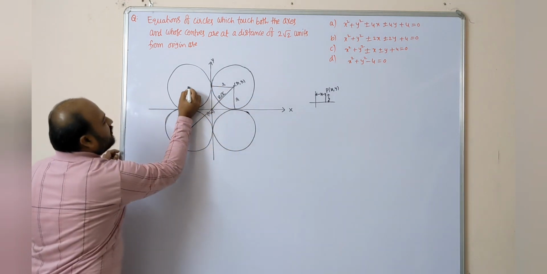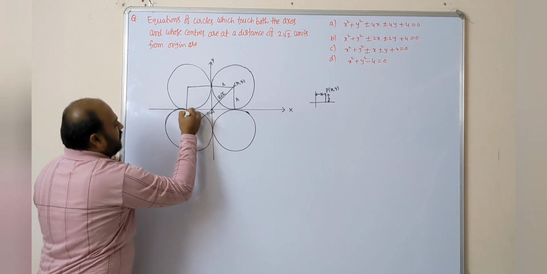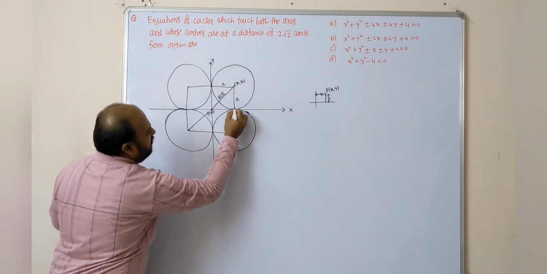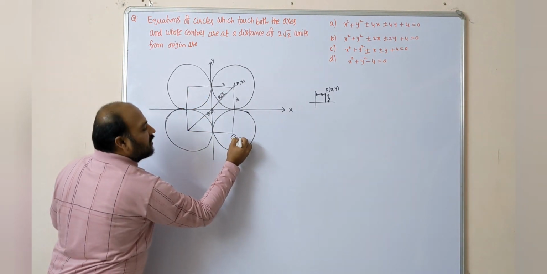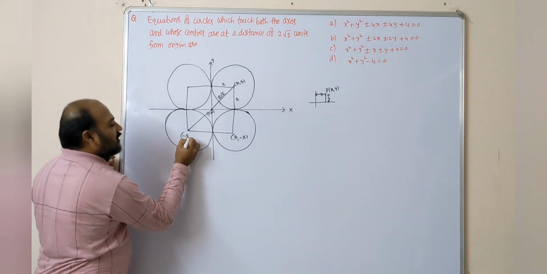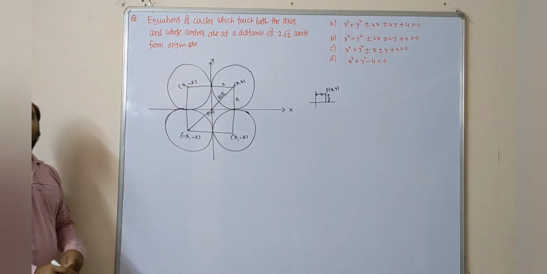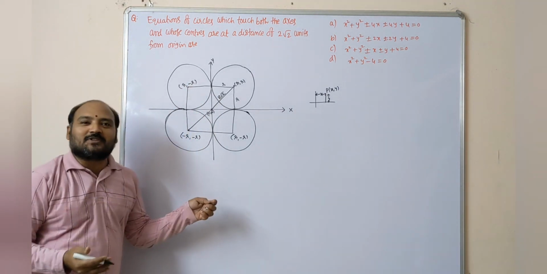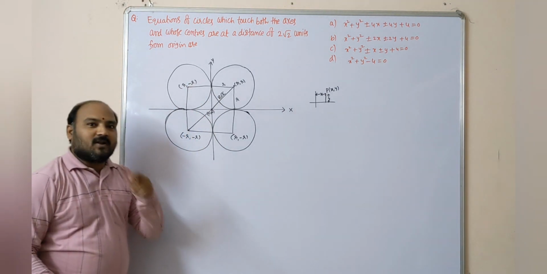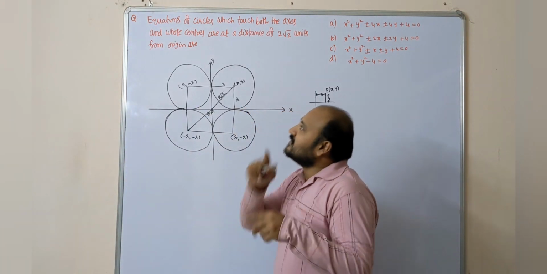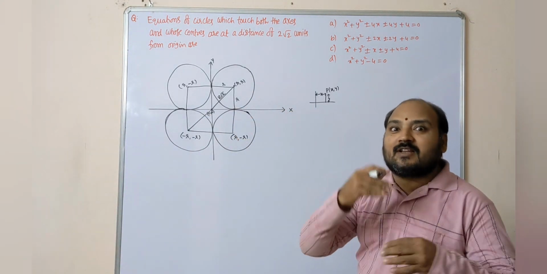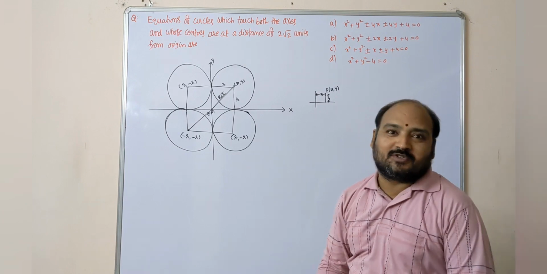Here also I will write it, students. This is plus r comma minus r. This is minus r comma minus r. This is r comma minus r. If you start practicing the questions, it will be very interesting. But focus on that: what concept is involved in the question? Twice or thrice read the question thoroughly, dear students.